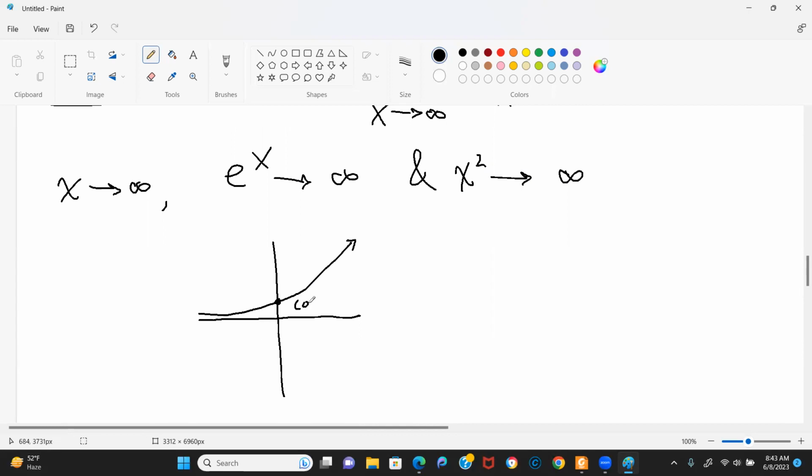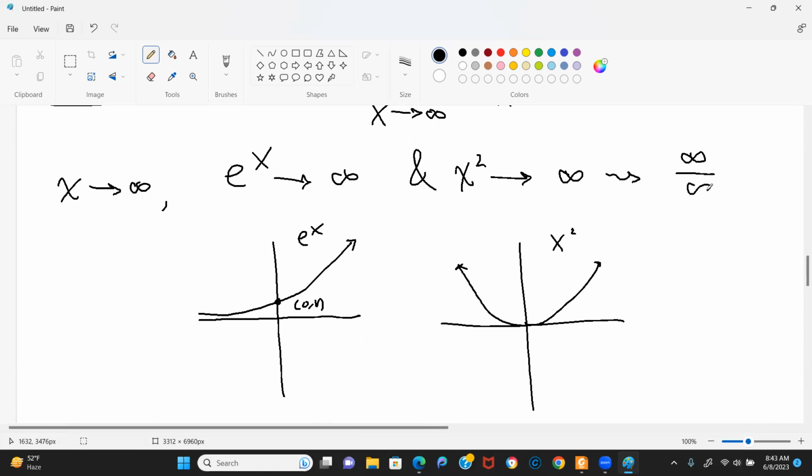This is 0 comma 1, and this goes off to infinity as x goes to infinity, and then you have x squared. It looks something like this, and that also goes off to infinity. So we get infinity over infinity. You don't have to technically draw the graphs, but sometimes it's helpful if you're unsure what the graph looks like.